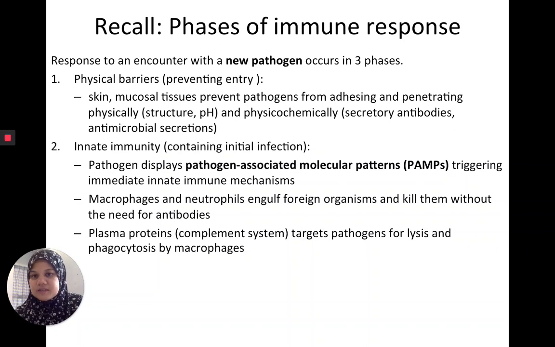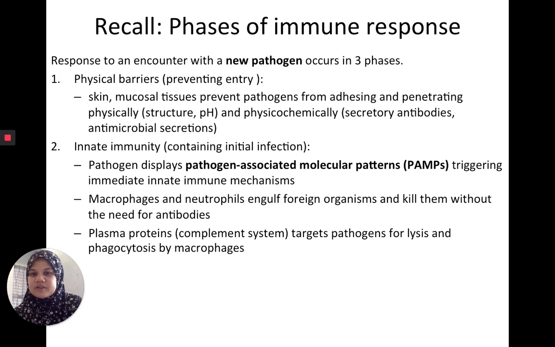And then you have the innate immunity. We remember that the innate immunity is a general immune response, the foot soldiers that handle the first level of the battle. They recognize pathogen-associated molecular patterns, or PAMPs.